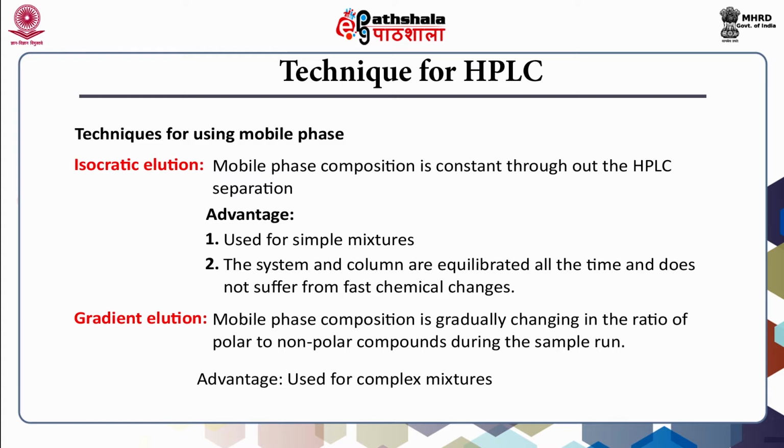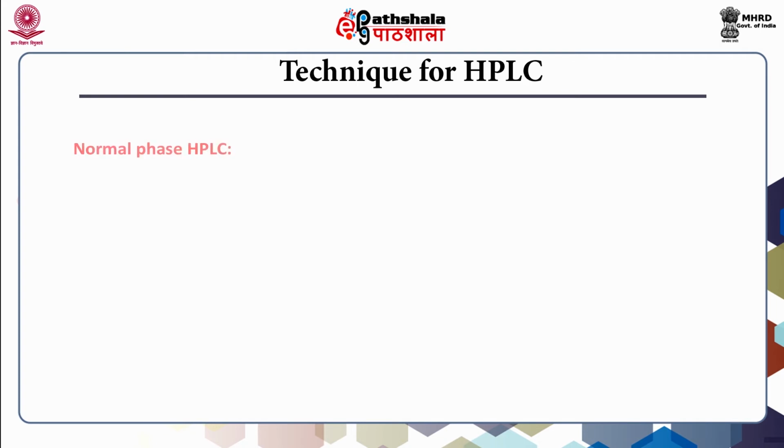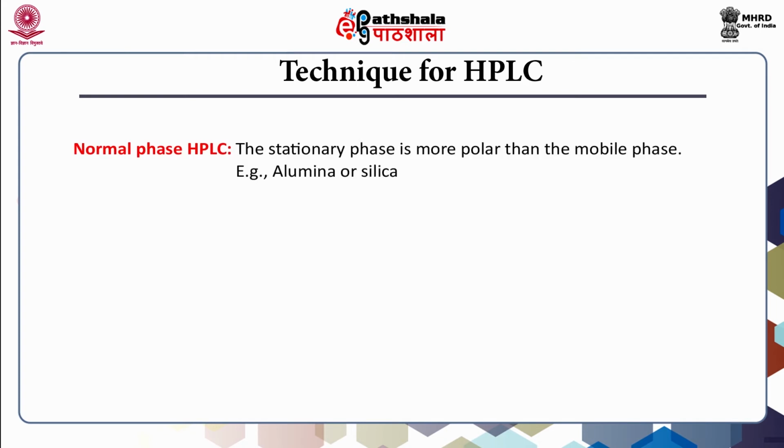In addition to the different techniques of HPLC based on the mobile phase, HPLC can be classified into another two categories, normal phase HPLC and reverse phase HPLC, based on another criterion that we will see in the next slide. In normal phase HPLC, the stationary phase is more polar than the mobile phase.